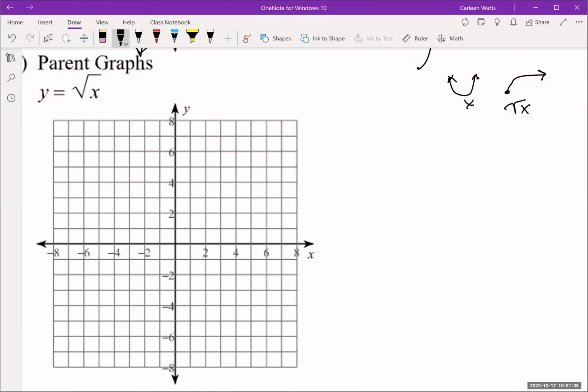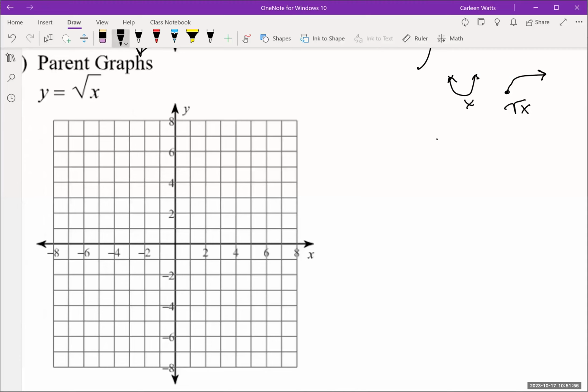Don't write this. Put your pencils down. Do you remember in geometry, you reflected something across the line y equals x? That's what we're going to do. So that's why it kind of came up in geometry. You may not remember.